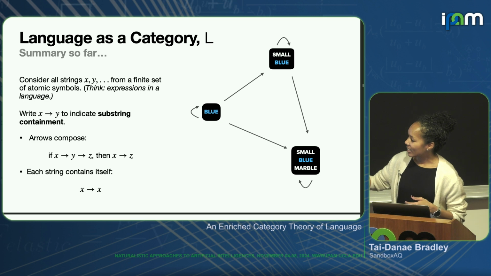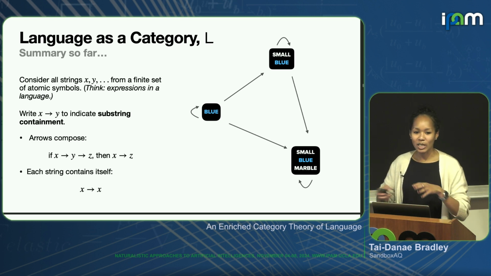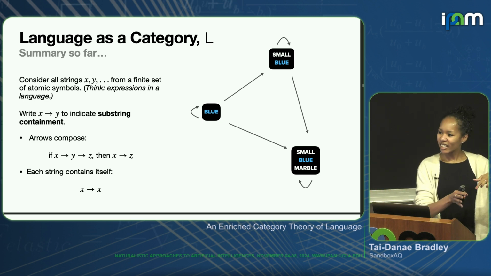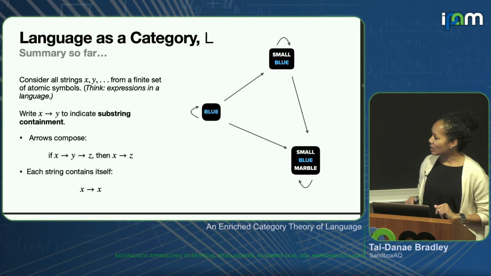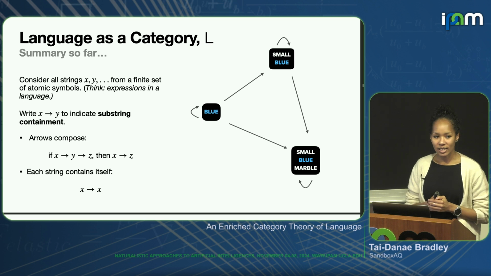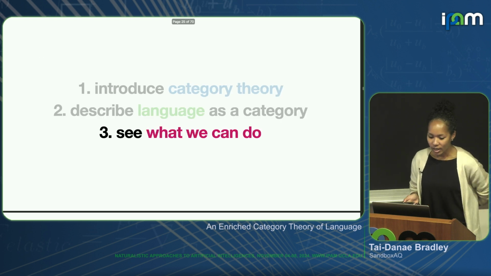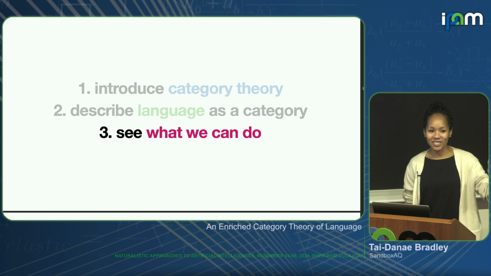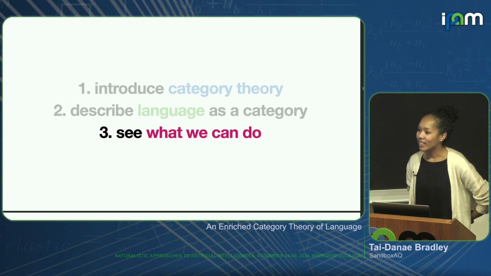And this identity: every string contains itself. That's part of the axioms I mentioned that I kind of swept under the rug, but I'm just making this observation. You can compose arrows, and so you have this nice category. Okay, so I did the first 2 things on the list. We introduced category theory.